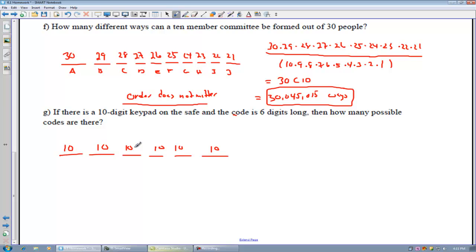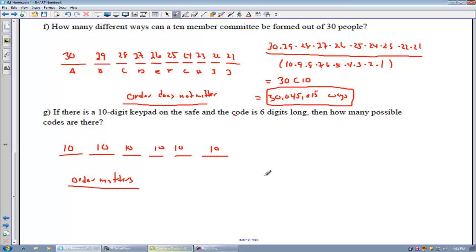And don't count down because you could use 0 here, 0 there, 0, 0, 0, 0, and you want to make sure you count all those. The numbers can repeat. And so in this case, actually the order matters. If it's 1, 2, 3, 4, 5, 6, and you reverse it, 6, 5, 4, 3, 2, 1, that's a different combination on the safe.